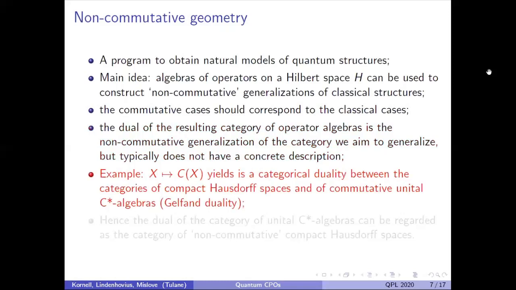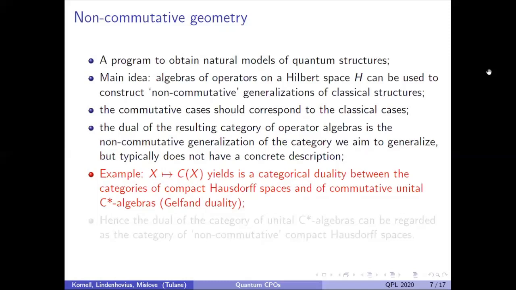And as an example, we can look at Gelfand duality between compact Hausdorff spaces and commutative unital C-star algebras. So for every compact Hausdorff space X, we can look at the C-star algebra of all complex valued continuous functions on this compact Hausdorff space, and that's a commutative unital C-star algebra.